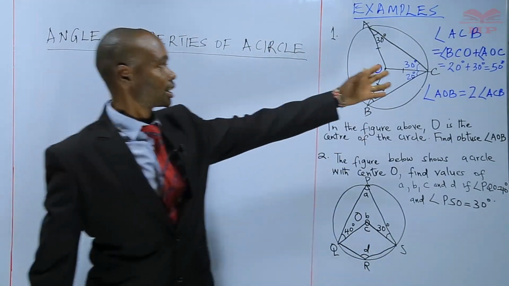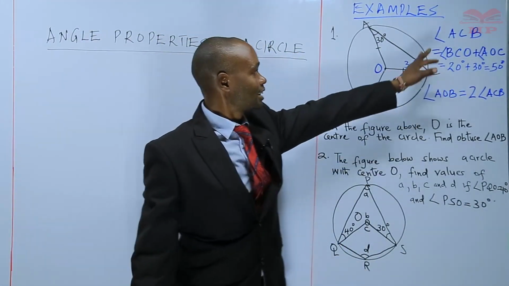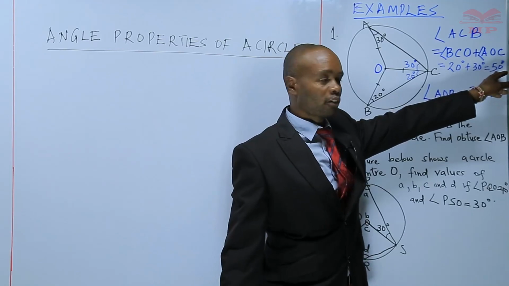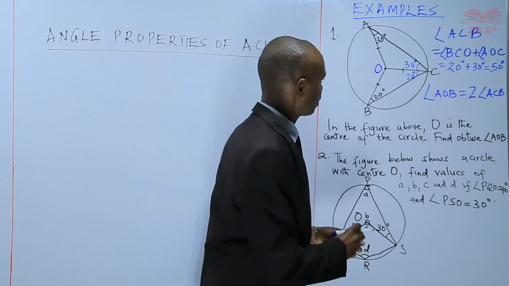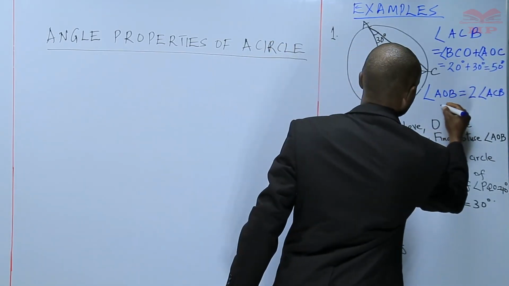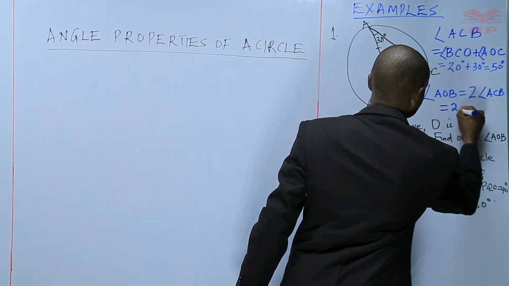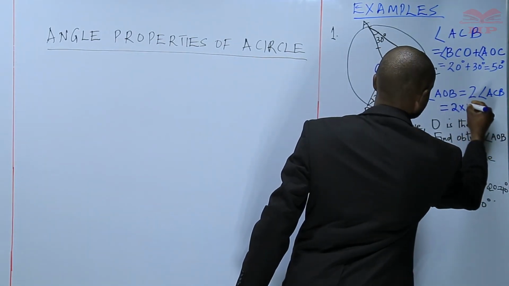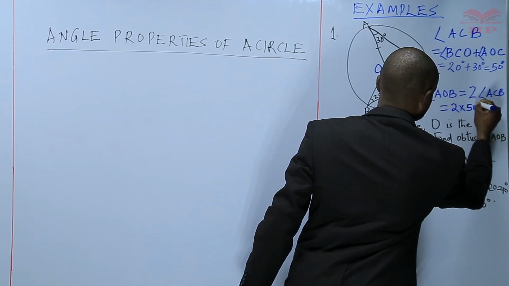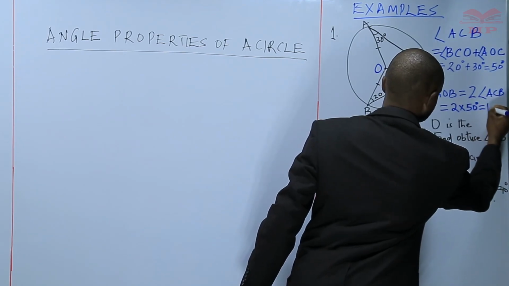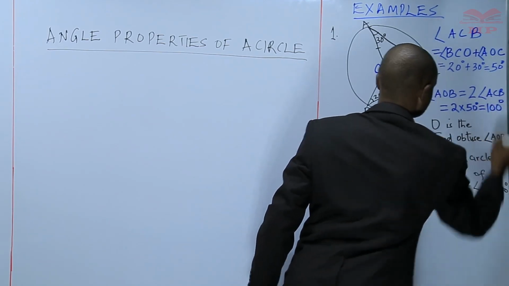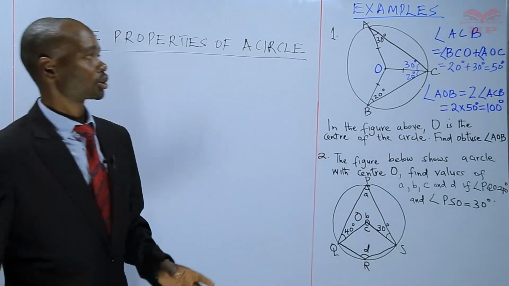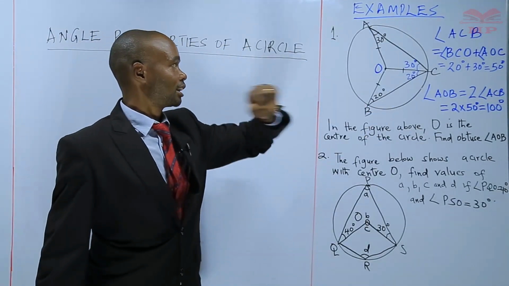And we have already got ACB, which has a value of 50 degrees. So this obtuse angle will be equal to 2 times 50 degrees, which gives us 100 degrees. So that is the value of that angle.